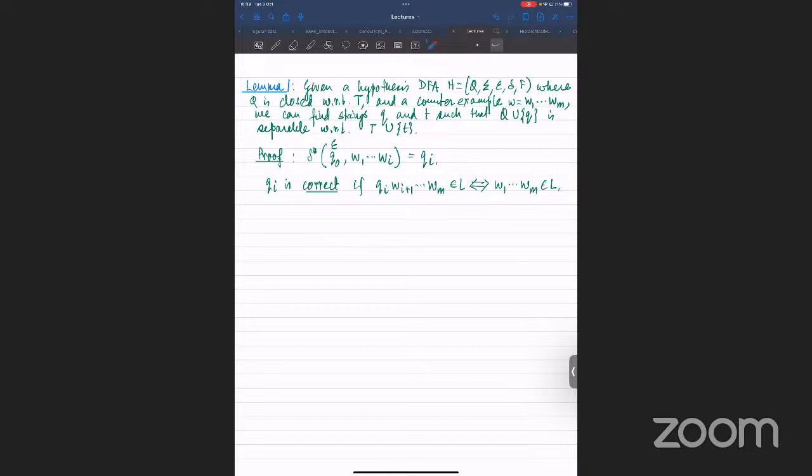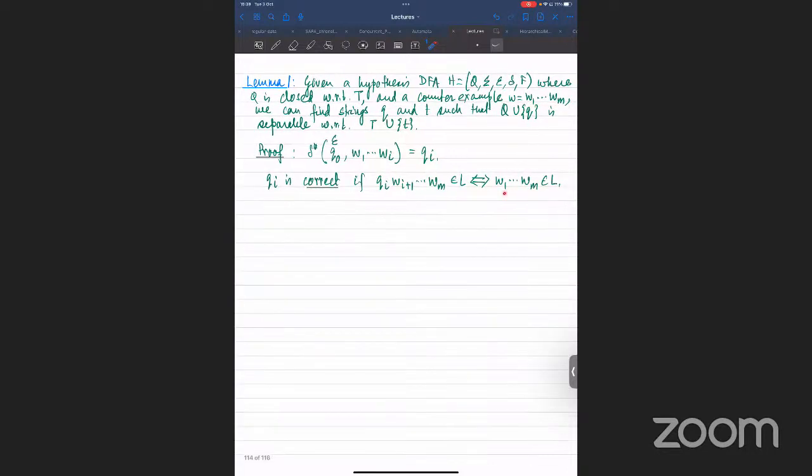Now I am saying that this qi, the state or the string qi, is correct if appending this suffix to qi gives a string that belongs to L if and only if the whole string, that is w1 to wm, also belongs to L. Is that clear?